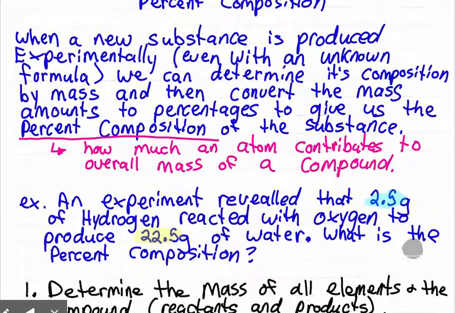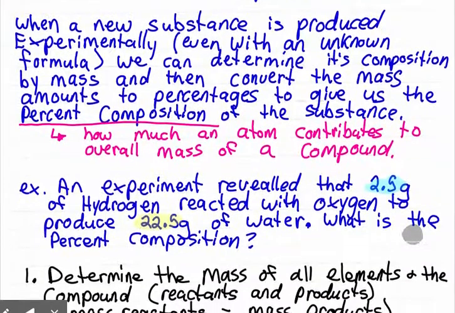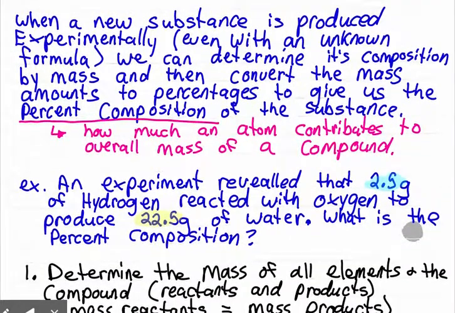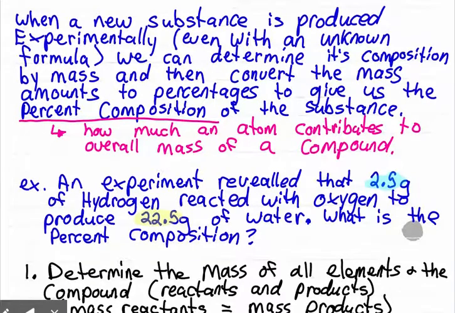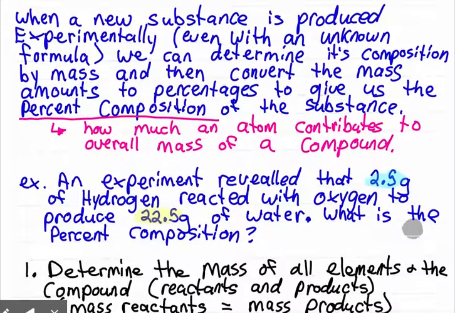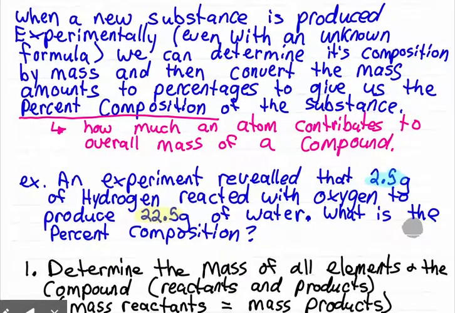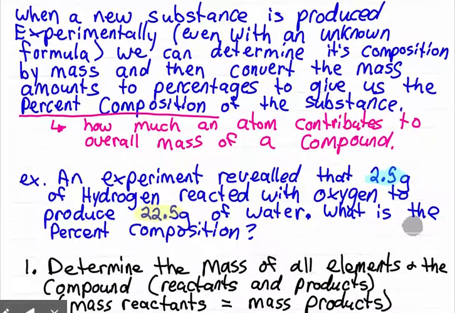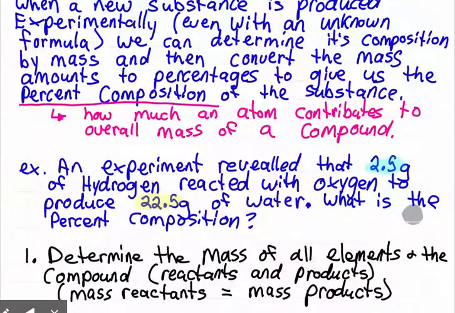Okay, so what we need to do first is, in order to calculate percent composition, we have to have mass information for all of the elements and the compound as a whole. So the first step we have to do for this example is figure out the mass of everything involved. So that means we need a mass of hydrogen, a mass of oxygen, and a mass of water.